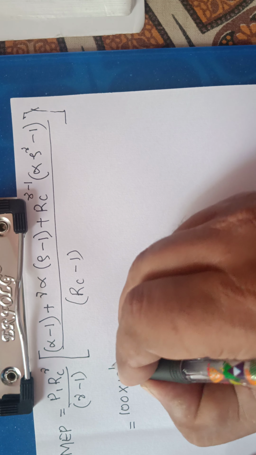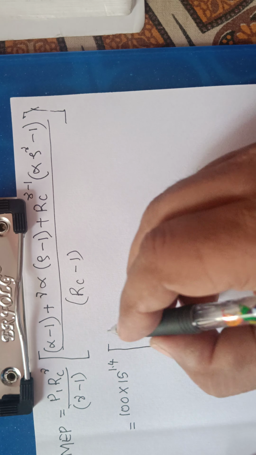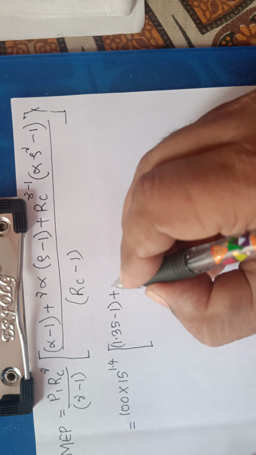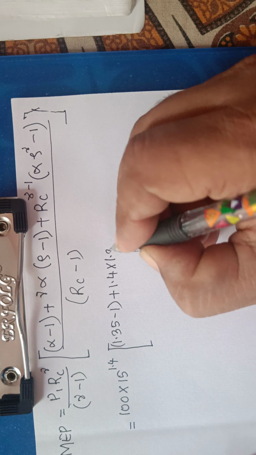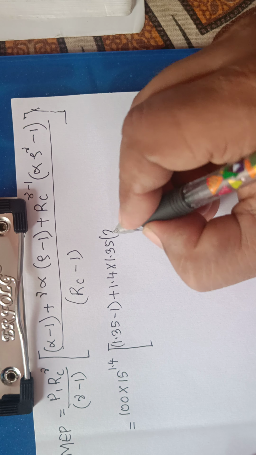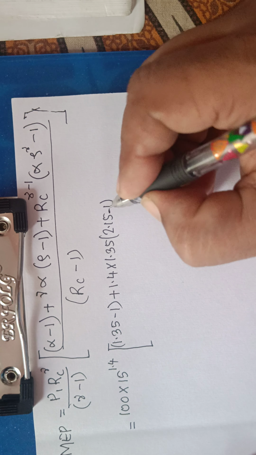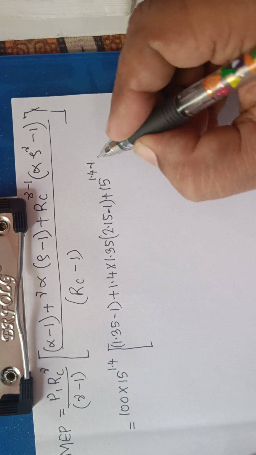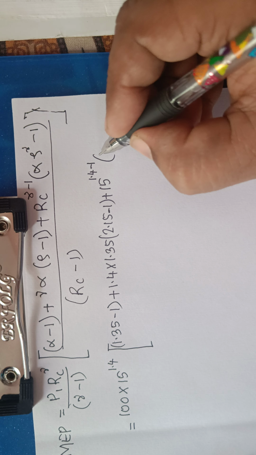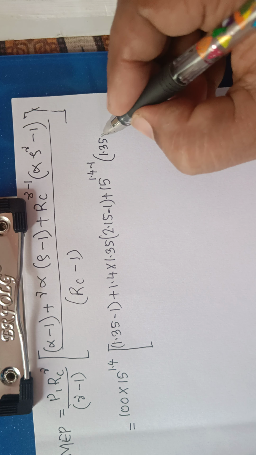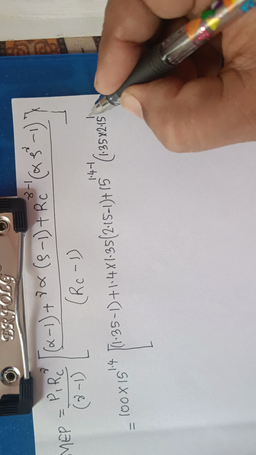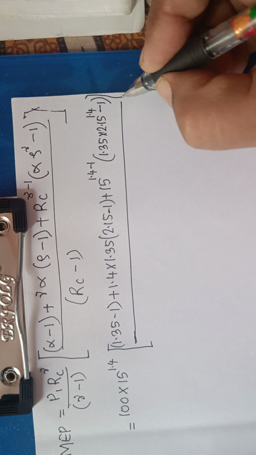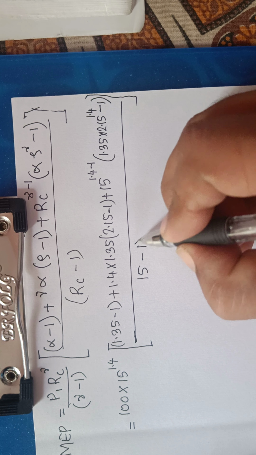RC is 15 raised to 1.4, then 1.35 minus 1, plus gamma is 1.4, alpha is 1.35, rho is 2.15 minus 1, plus RC is again 15 raised to 1.4 minus 1, then into bracket alpha is 1.35, rho is 2.15, whole raised to 1.4 minus 1, divided by RC is 15 minus 1.